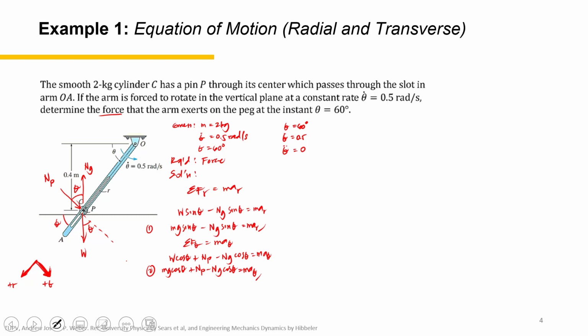Let's relate the 0.4 meter to the angle theta and the radial distance. So sine theta equals 0.4 over r, and that would be r equals 0.4 over sine theta.